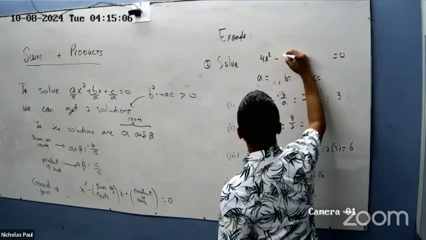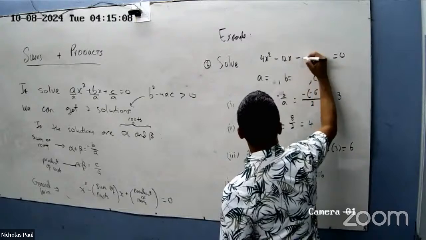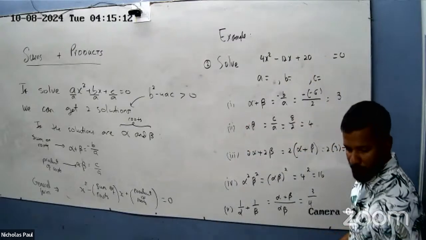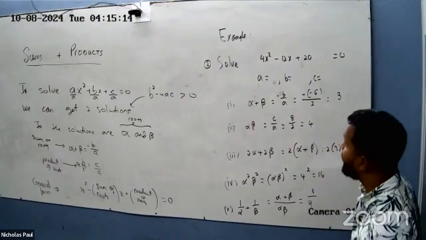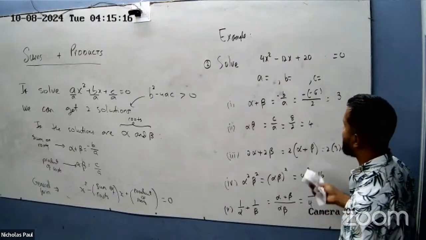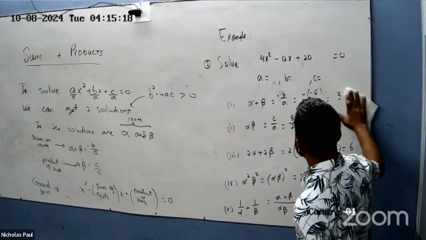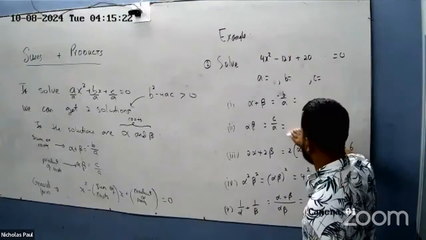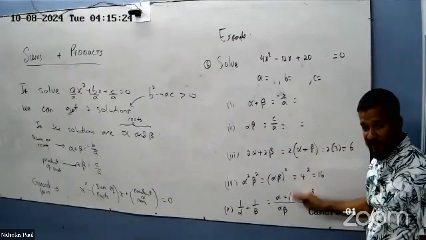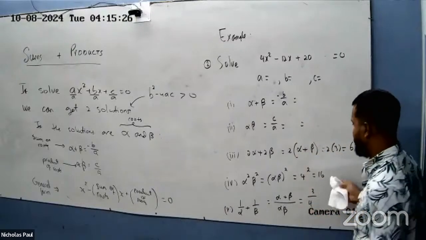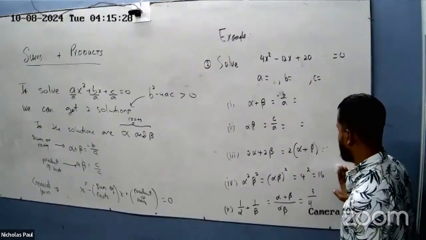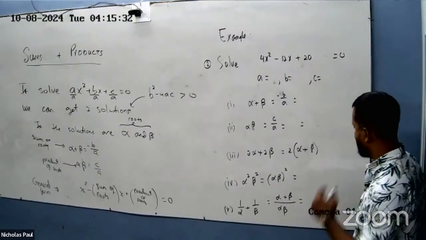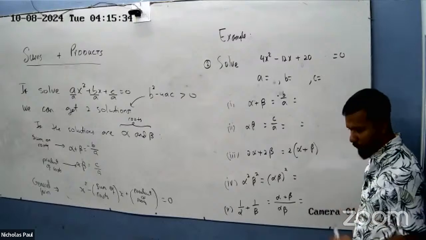Giving good numbers for now, right? All right, so 4x squared minus 12x plus 20. I would like you to get everything again. Anybody writing it? Find each one.